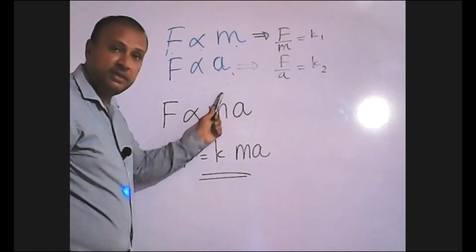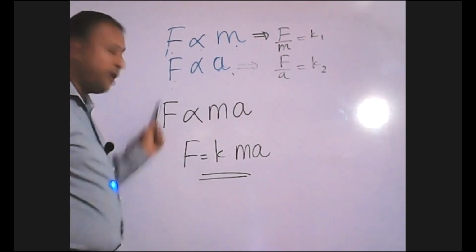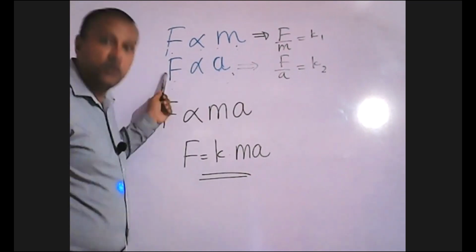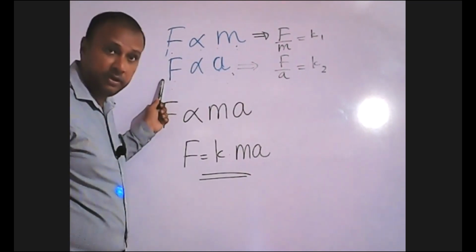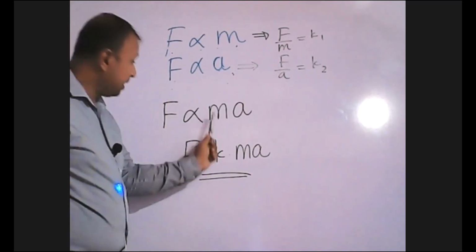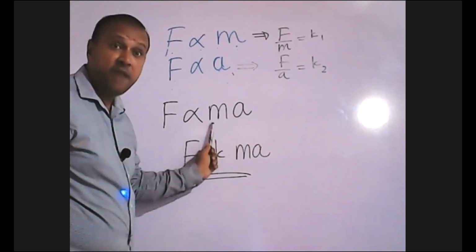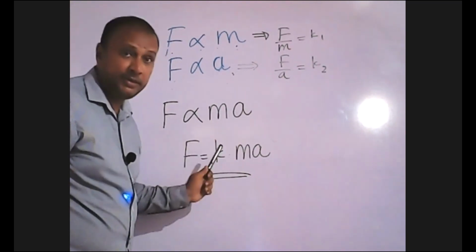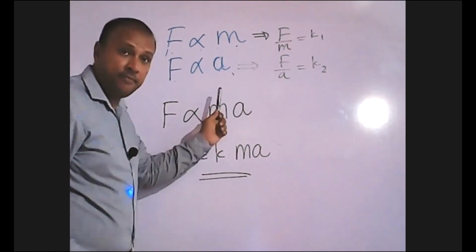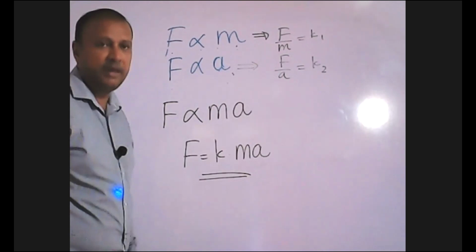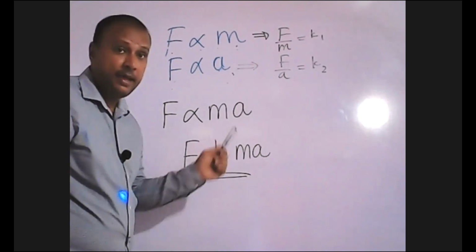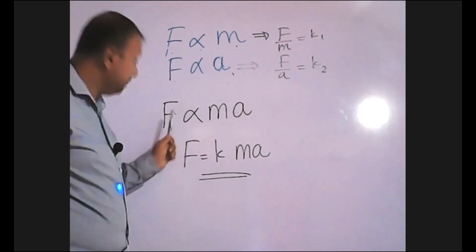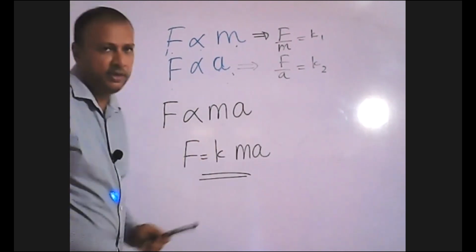When M increases, F also increases. When A increases, F also increases. That means if the MA product increases, and the MA product can be increased by increasing M or A, F also increases.